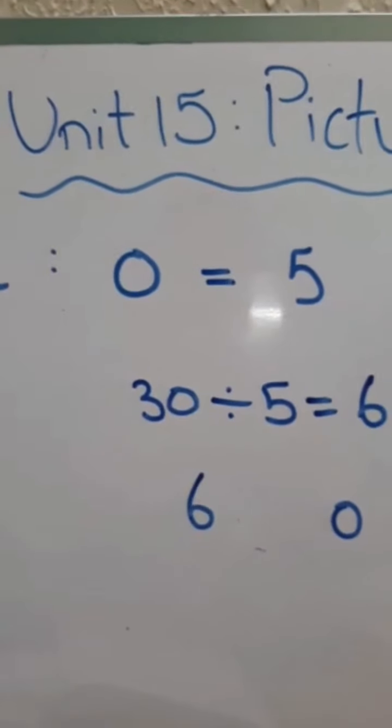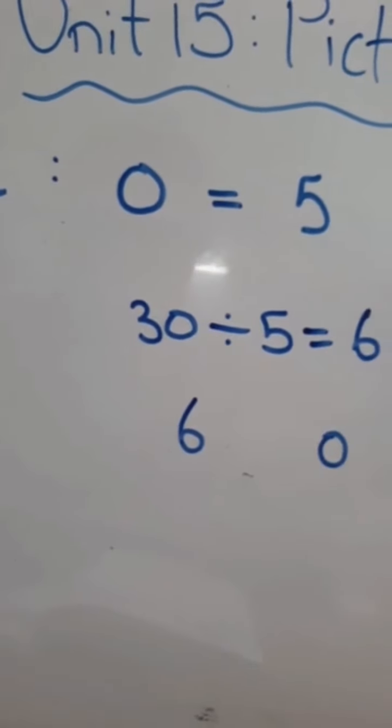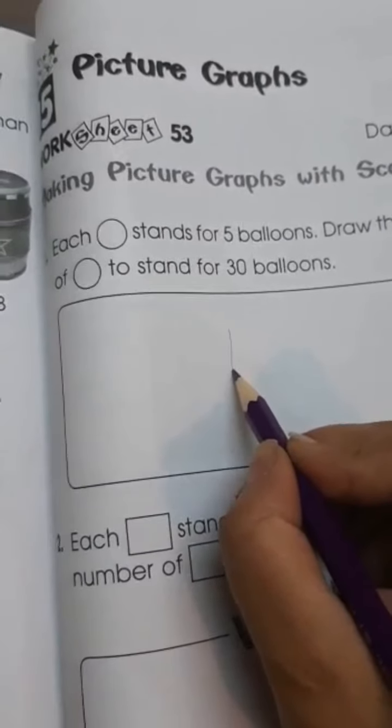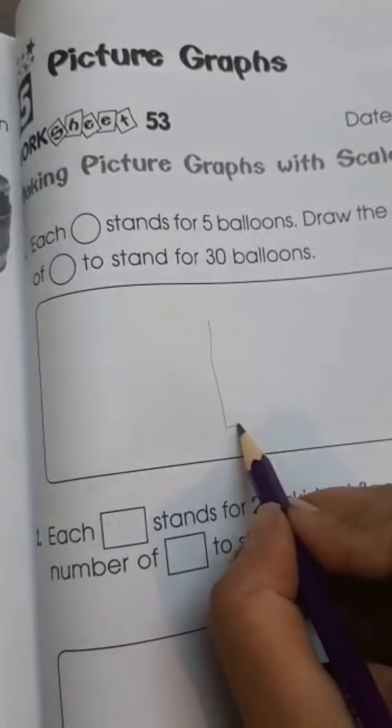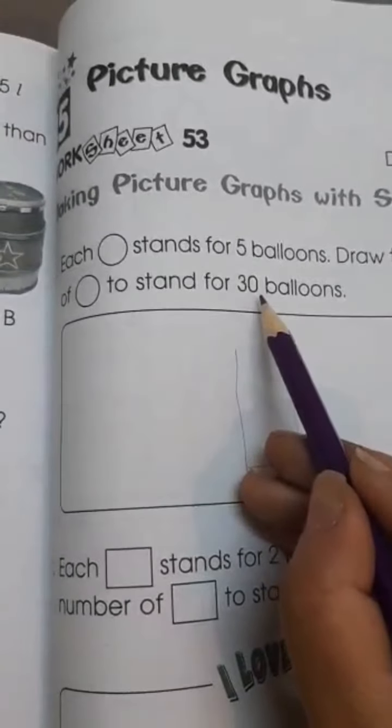Now we're gonna make a small picture graph. We're going to do that on the workbook. Let me just get my pencil. Okay. So if I have a little graph right here, you guys. Okay. Right here, I'm going to write balloons. Okay. And I have 30.